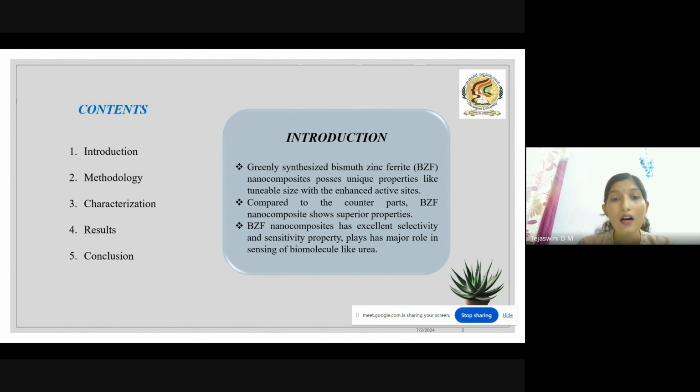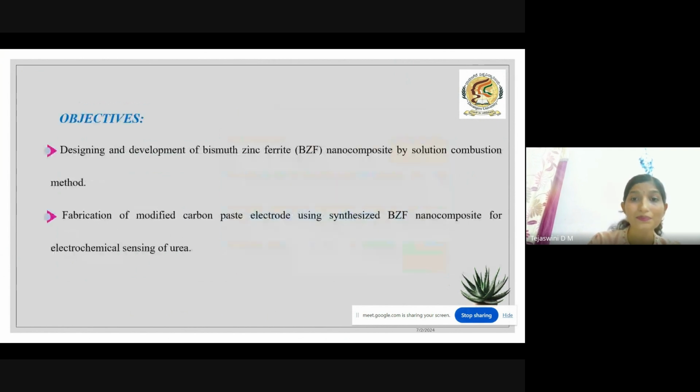The introduction covers a greenly synthesized BZF bismuth zinc ferrite nanocomposite that possesses unique properties like tunable size with enhanced active sites compared to its counterparts like bismuth oxide and zinc oxide. The bismuth zinc ferrite nanocomposite shows superior properties, with excellent selectivity and sensitivity that play a major role in the sensing of biomolecules like urea.